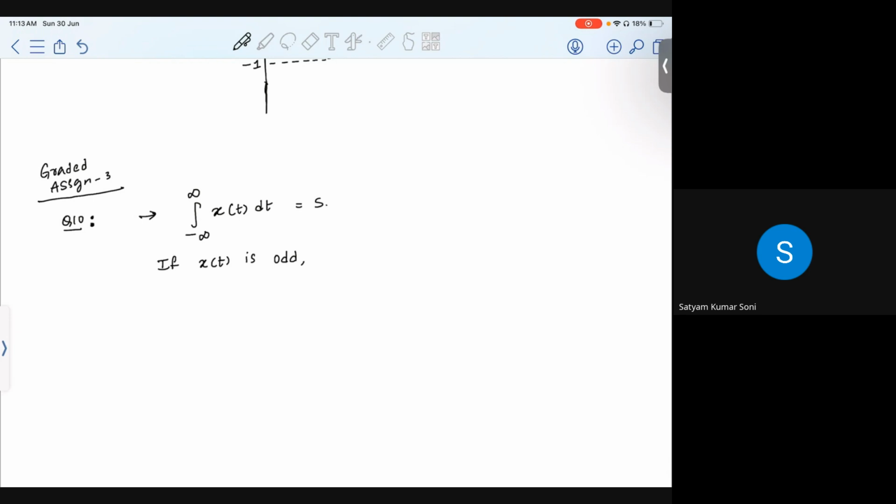If x of t is odd, then s is simply 0. Or if x of t is even, then s is 2 times the integral from 0 to infinity of x of t dt. Because when it is even, it is symmetric on both sides, right?